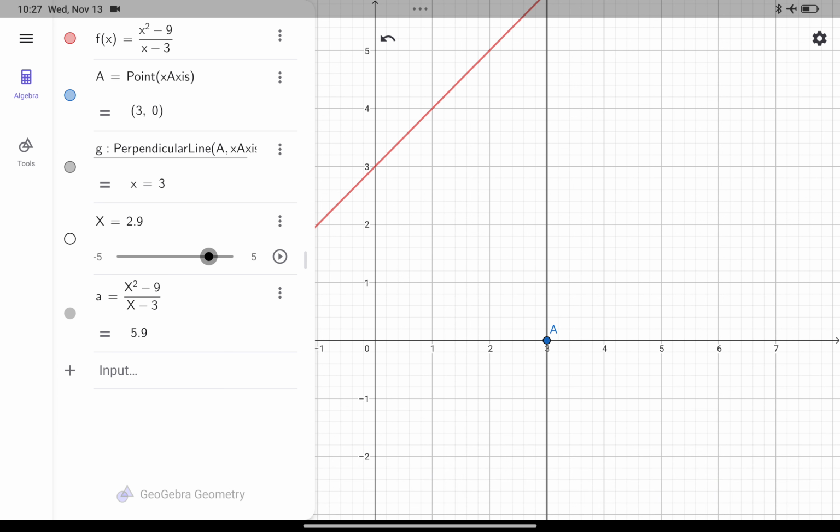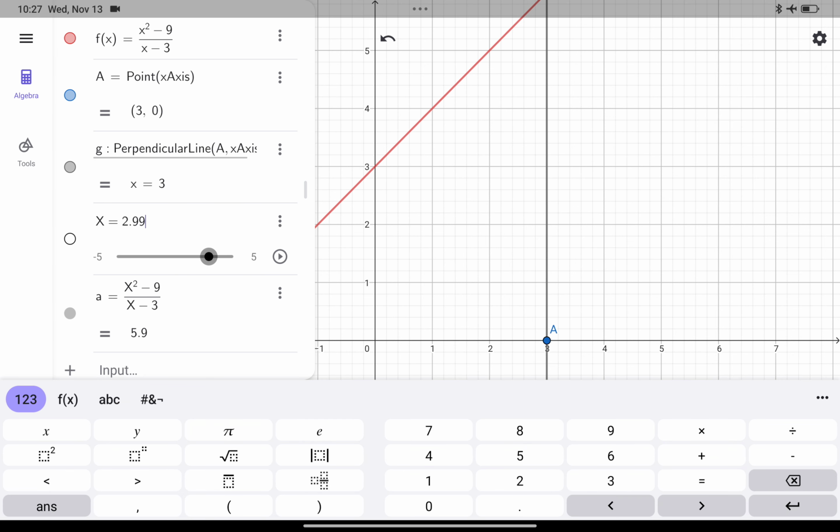2.99, 2.999, you see it approaching the value 6. We can't get the exact value of 6 because this function does not allow you to use the value 3. Since we use the value 3, it becomes undefined. That's why we use another approach to see.